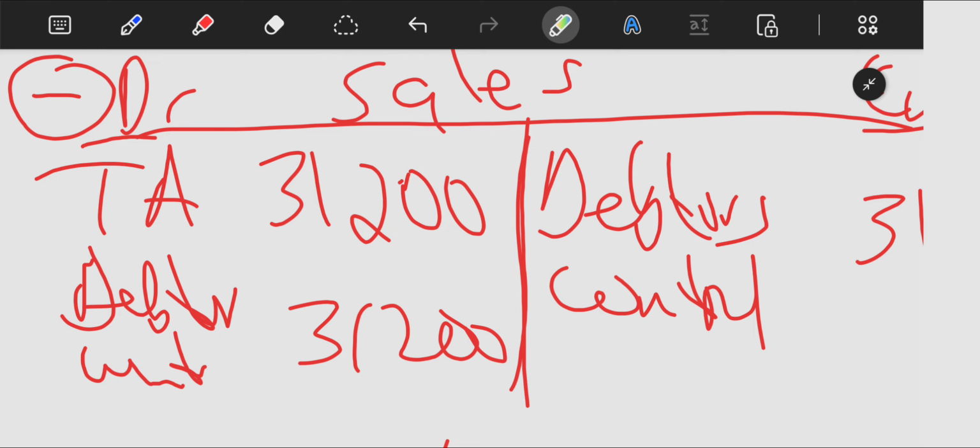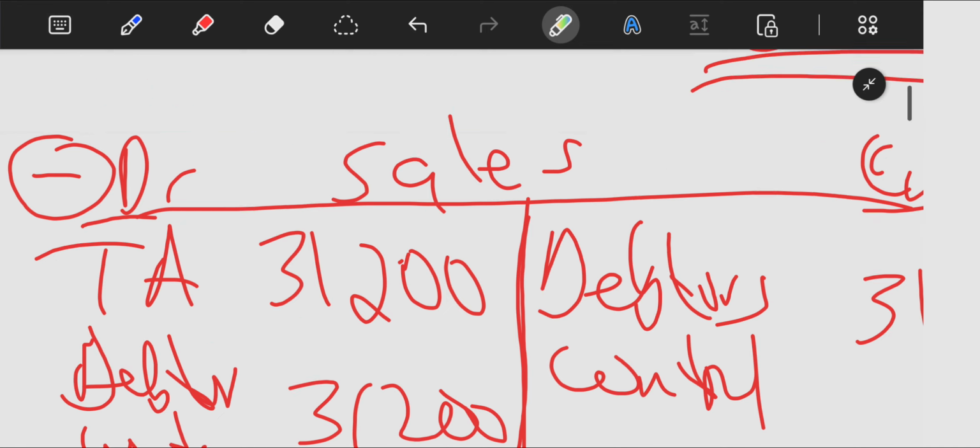So you see, this is affecting a lot of accounts. If you were also doing your statement of financial position, your balance sheet, you are also going to have an adjustment on your inventory.